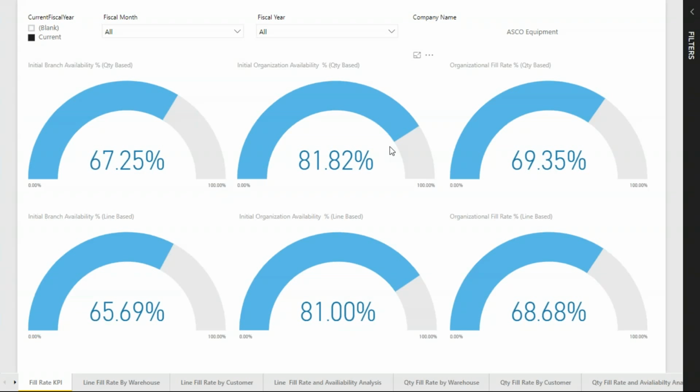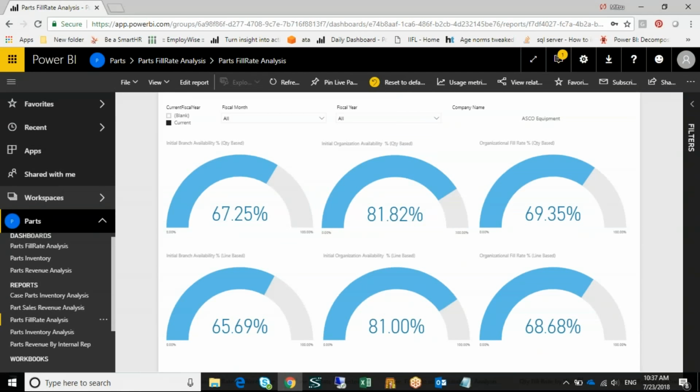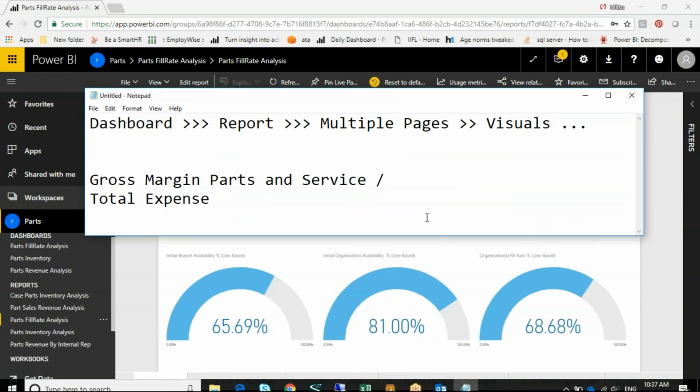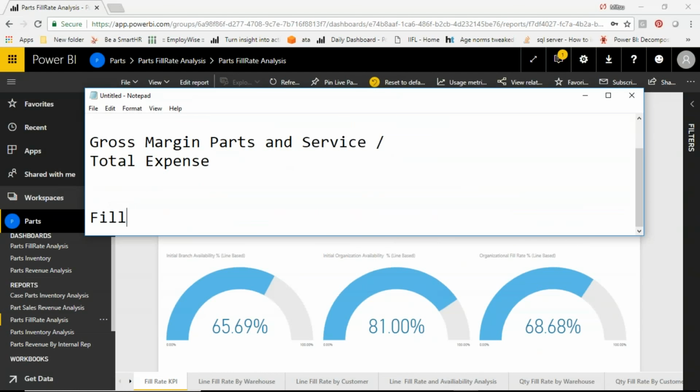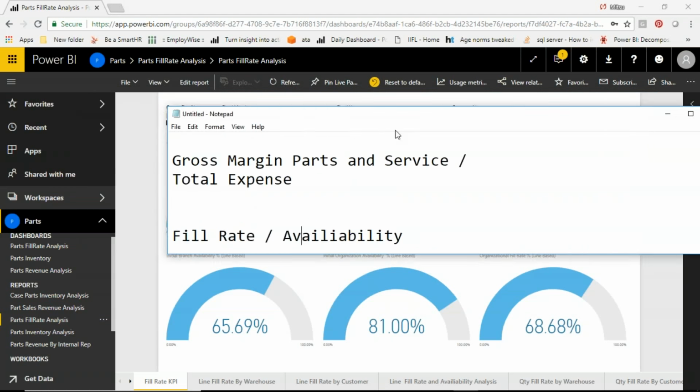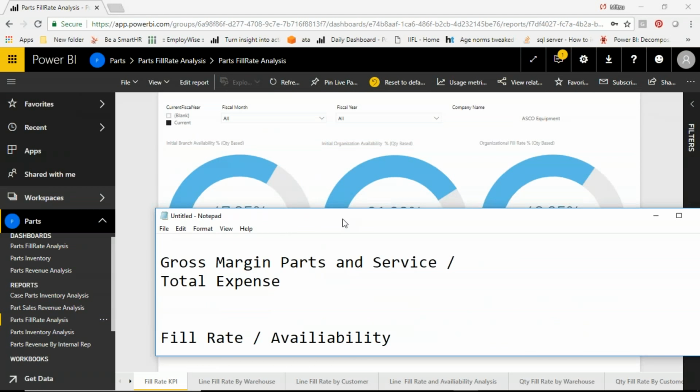All right. So the fill rate piece, we break it down from multiple perspectives. Let's talk about the first two, which is the difference between the fill rate and availability. Fill rate is what you actually fulfilled.